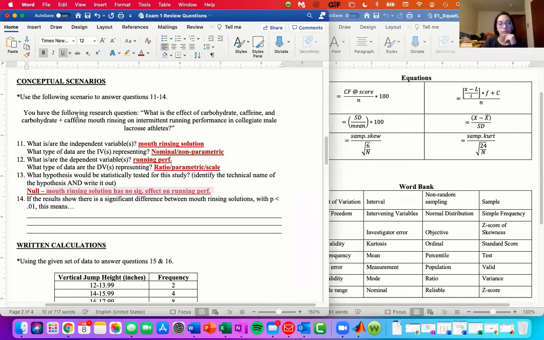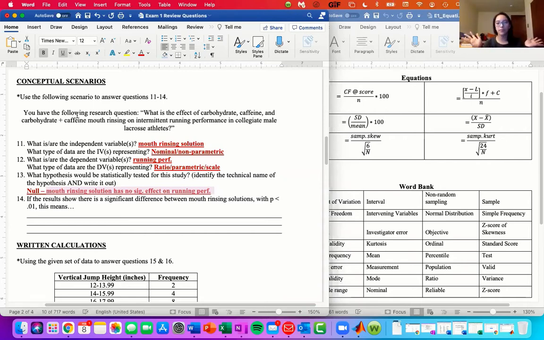So, okay, because we're comparing groups, right? We want to know, is the carbohydrate group different from the caffeine group, different from the carbohydrate and caffeine group when we assess running performance? And so the null hypothesis would say that each of those groups are going to have fairly equal running performances.